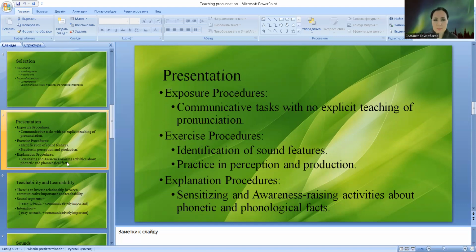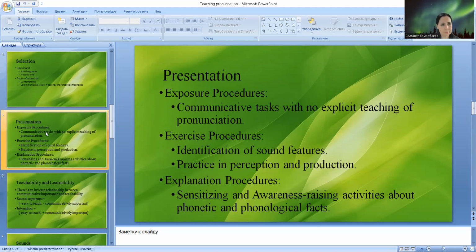Next, doing the exercises, for example, sounding the letters correctly. Practice your English, practice letters, and you will also pronounce correctly. And explanation is also about raising awareness of phonetics, for example, phonological facts.